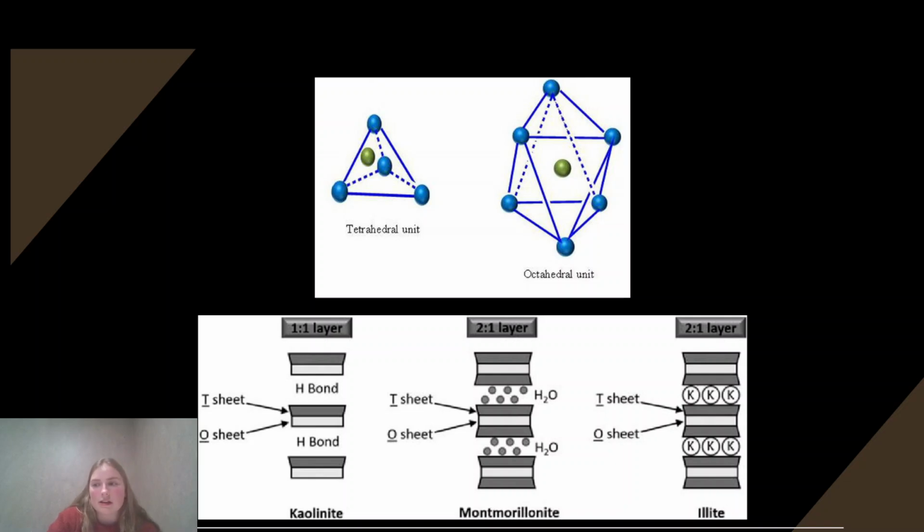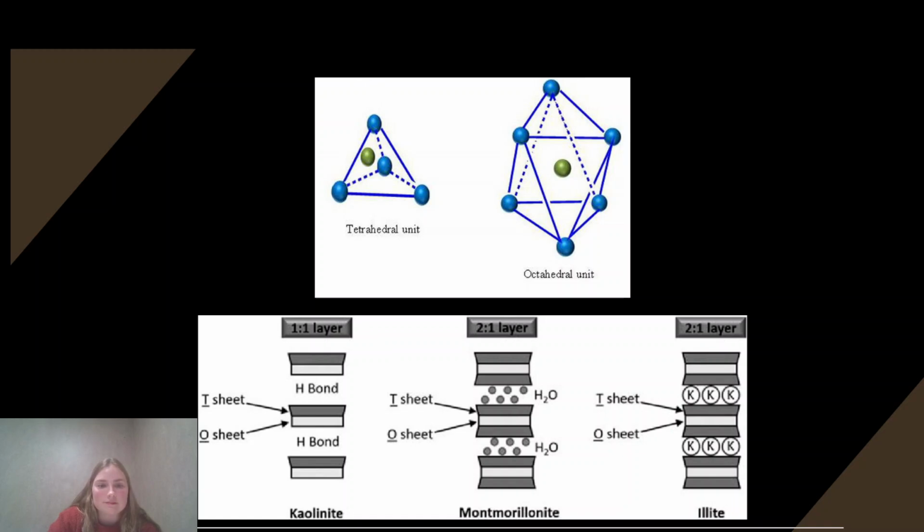You don't really go into detail about what minerals they are. You just need to know that these two are the base units, and then from these units they stick together and create sheets which are held together by oxygen sharing of the individual units, and the type and number of sheets that are stacked together determine the type of clay that is made.